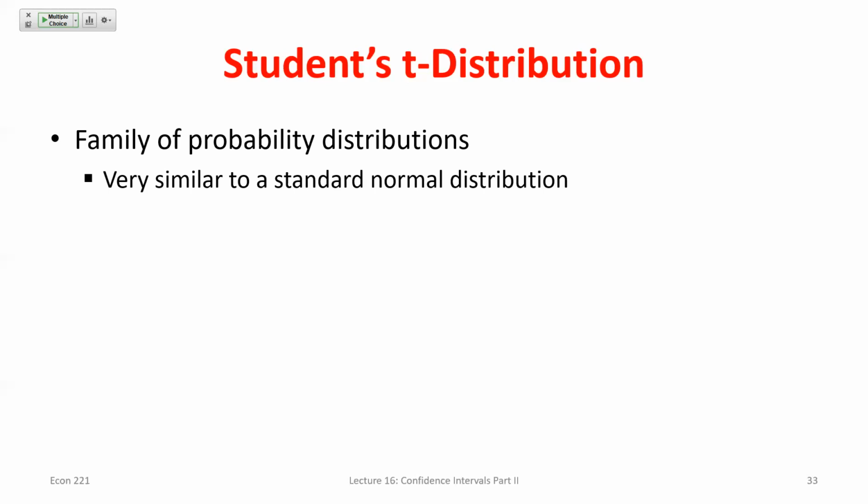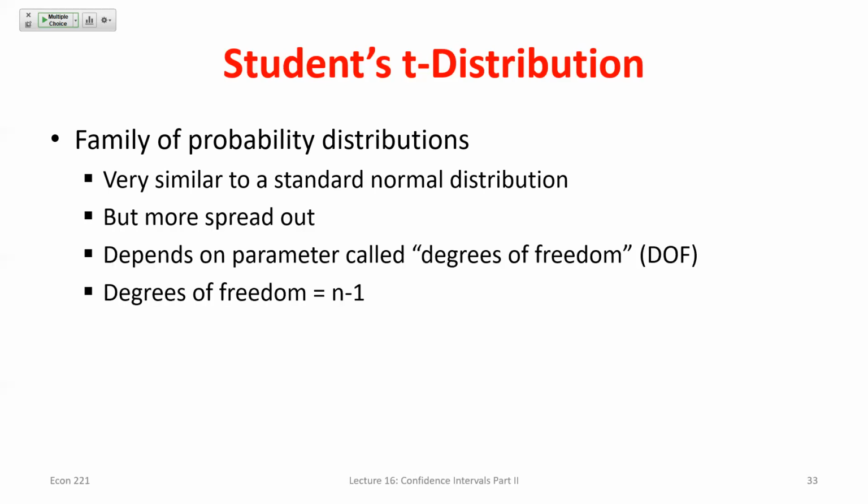Okay? So we've got this family of distributions, but they're very, very similar to a standard normal. They're still symmetric, right? They're a little bit more spread out. And how we identify which one of these student t distributions we need to use, we'll start calling this term degrees of freedom. We'll go a little more in depth into this when we get to a topic called regression in this class.